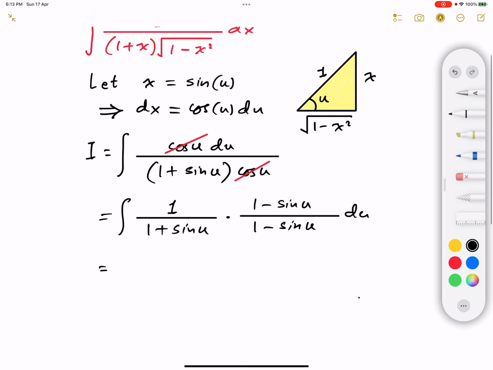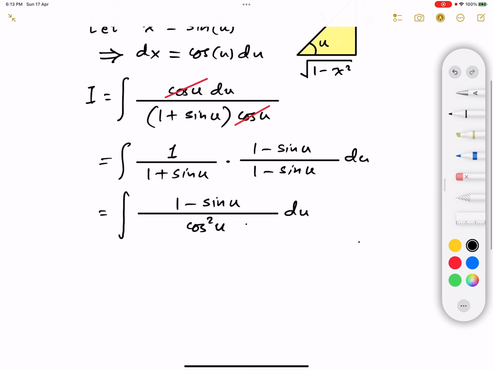That's going to give us 1 minus sine u in the numerator, and in the denominator that's going to give us 1 minus sine squared. And what is 1 minus sine squared? It's cosine squared of u, and of course du.